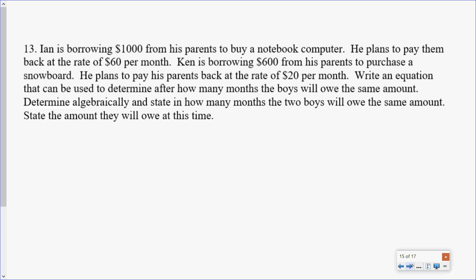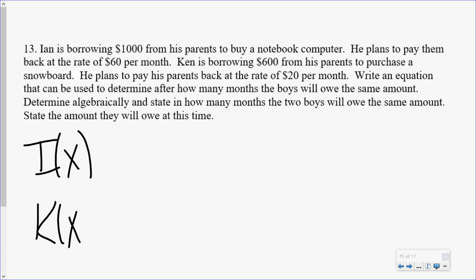Well, if we're writing equations to represent how much is being owed, I'll call it I of x for Ian and k of x for Ken. So let's start with Ian. He's paying them back at $60 per month. So is the amount he owes them increasing or decreasing?